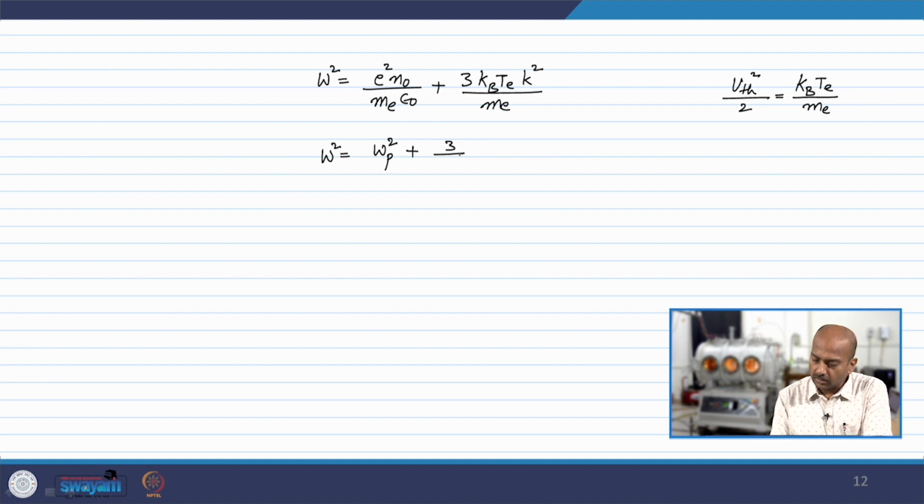So, it can be written as 3 by 2 v_th square and k square, right. So, this is the expression.